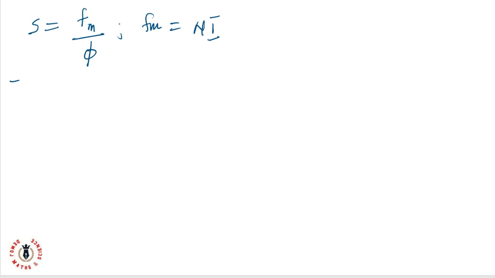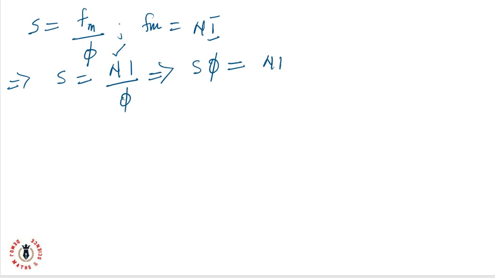So I can easily say that my S is the same thing as Ni over phi. Now remember, we are looking for the number of turns. So cross multiplying, S times phi is the same thing as Ni. This implies that my N will be S times phi over I.